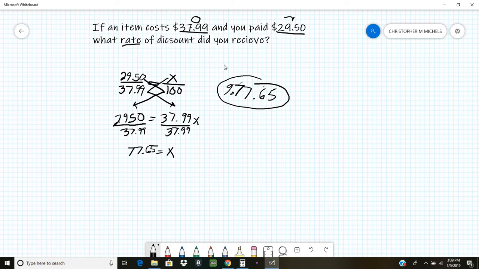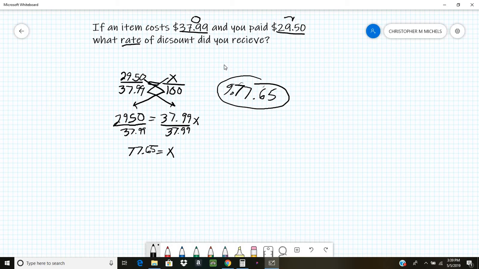If the item costs $37.99 and you pay $29.50 for it, you're not getting a 77% discount. You just got taken. The way I know this is wrong is I think, what would roughly be a 50% discount of $37.99? You could even round it up to $38, but a rough estimate should be somewhere around $19, even if you're getting 50% off. But if I'm getting 77% off, this number is still way too high.